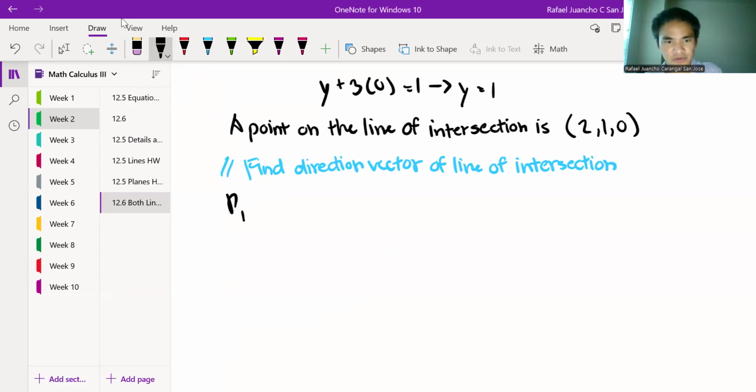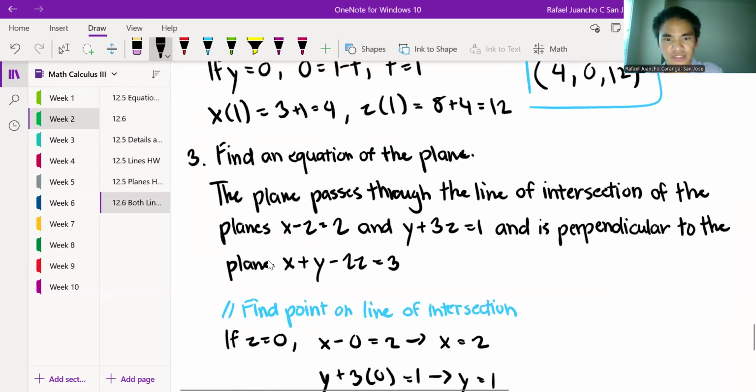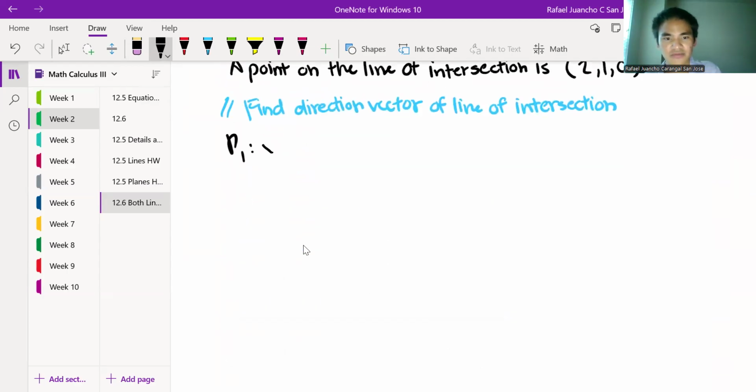So let's say our P1, which was this plane, x minus z is 2, has a normal vector n1 of 1 for x, 0 for y, negative 1 for z.